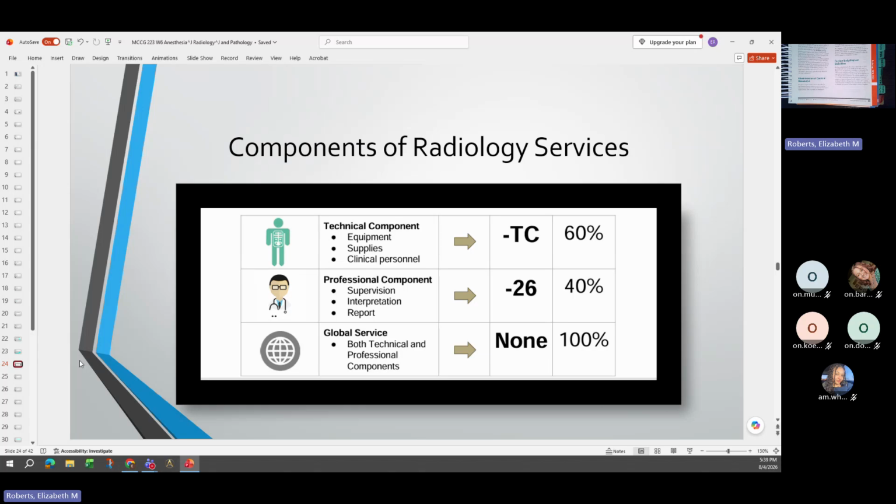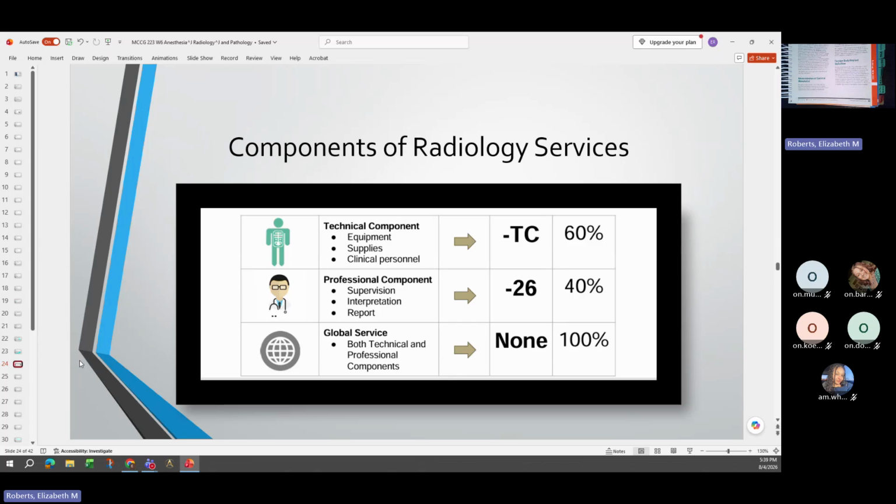So there are a lot of different ways that you can set up radiology billing. And this is one of the ways that a lot of companies, and like a company that I just recently used to work for, they would perform X-rays, for example.